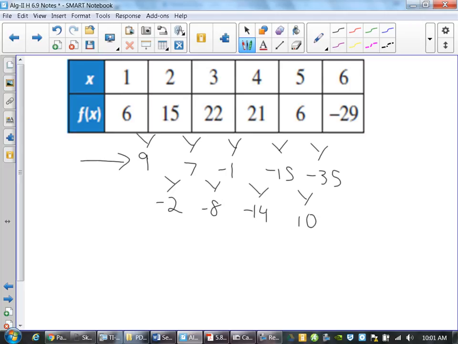It's 20, excuse me. 35 minus has to be -20. -8 minus -2 is -6. -14 minus -8 is -6. And it's -6.